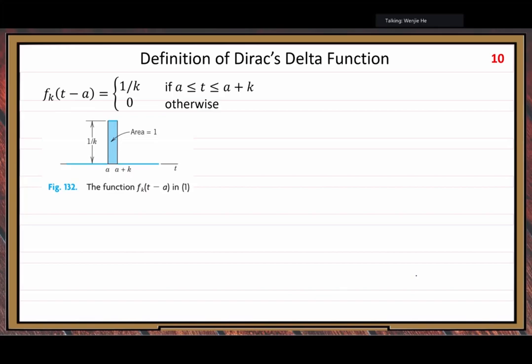Make k go to 0. When k goes to 0, look at the shape of this function. It becomes very skinny. But the area is always 1. The area does not change.